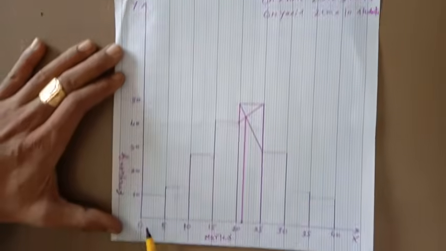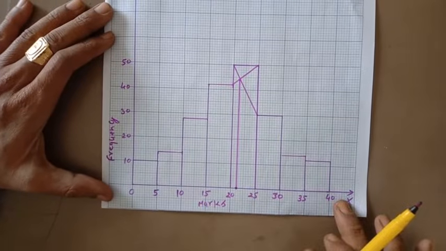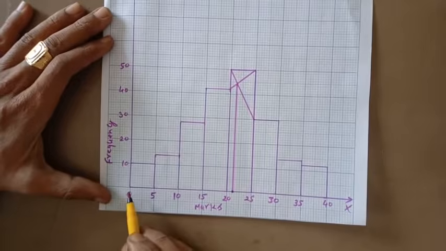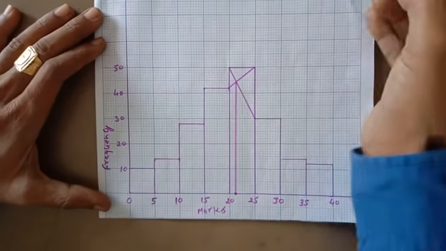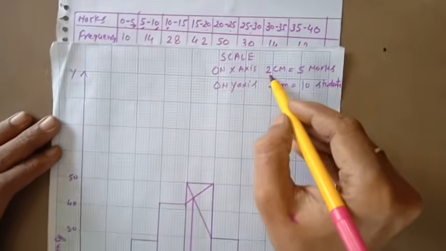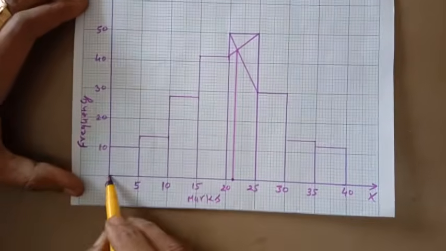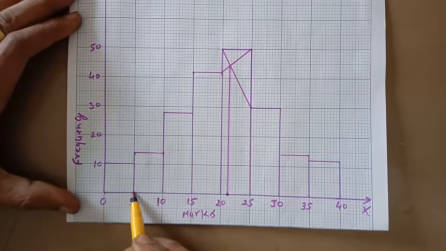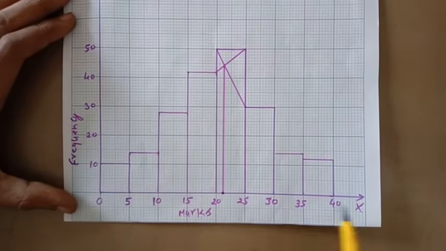So we divide the x-axis in such a way that it can be adjusted in this much. We have taken 0 to 5 from here till here, which means we take the scale on the x-axis as 2 centimeter equal to 5 marks. Here it is 2 centimeter.